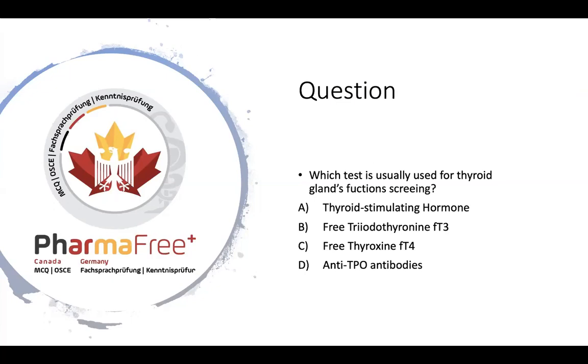Okay. We are talking here about screening. For screening, we only do the TSH. If there are abnormalities or any symptoms or suspicion of thyroid gland dysfunction, then we can go for further tests like the T4 and T3, and we can even do the antibodies for thyroid peroxidase, the TPO antibodies. But when it comes to screening only, we are not doing the whole thyroid panel.